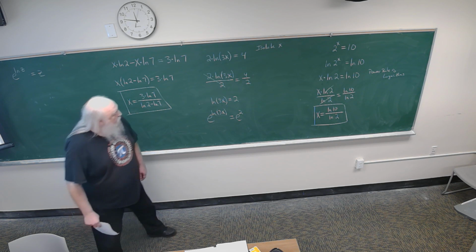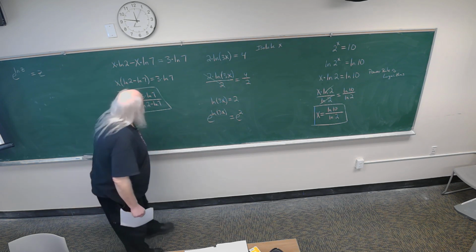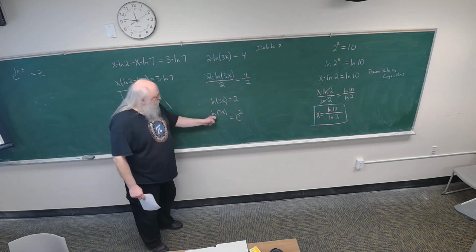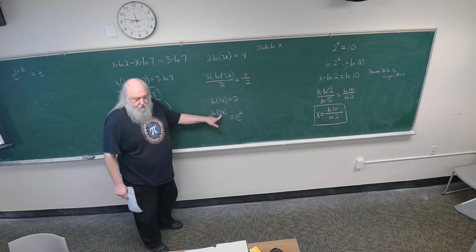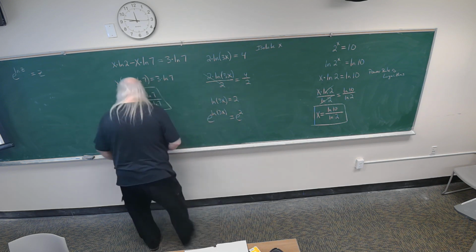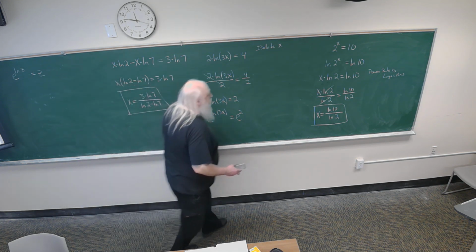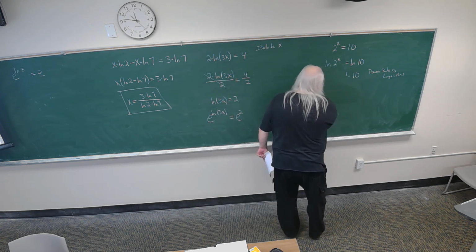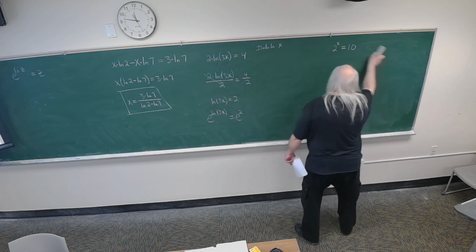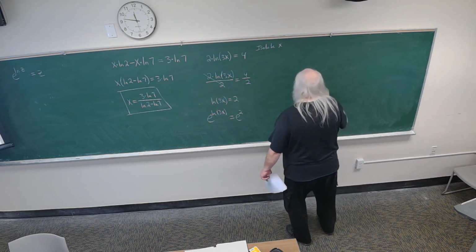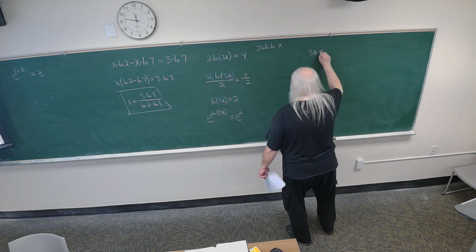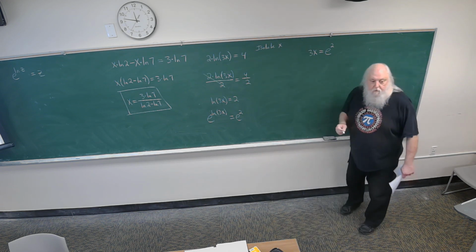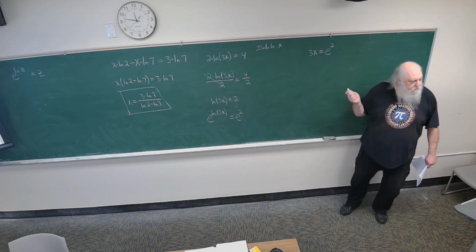All right. So this property of the natural log function says e raised to the natural log of 3x is just equal to 3x. So we have 3x on the left is equal to e squared on the right. Is e squared a real number? Yeah.